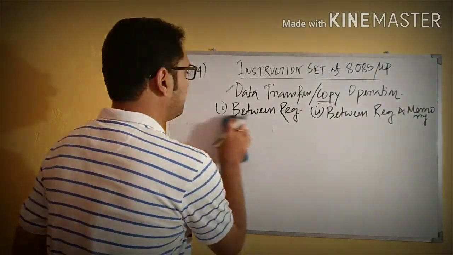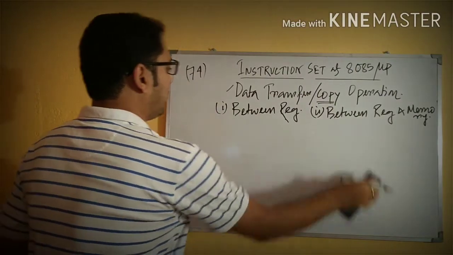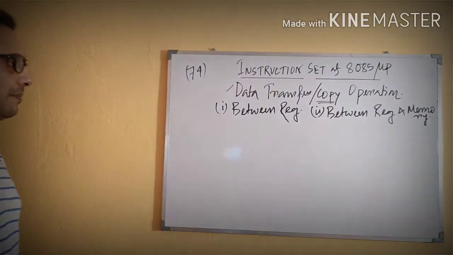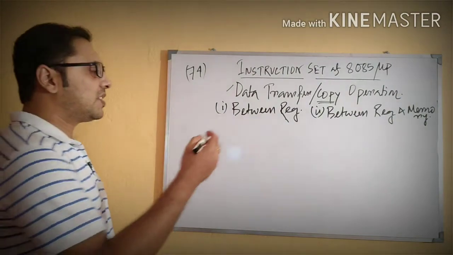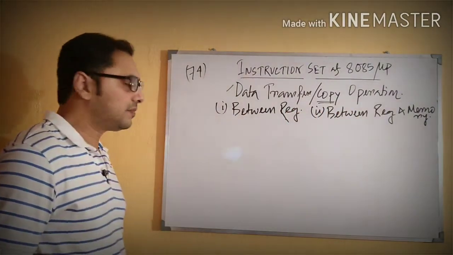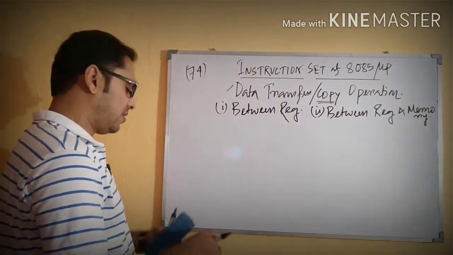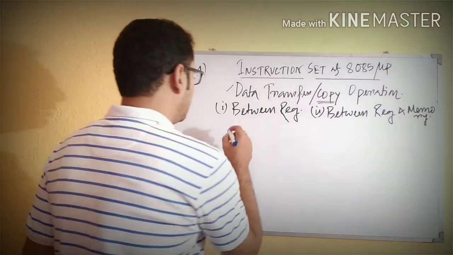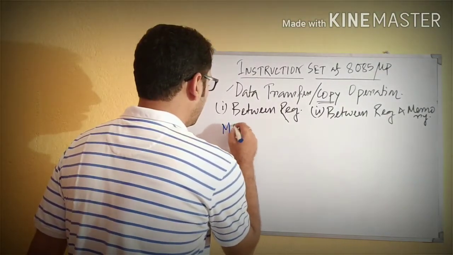Now we have another example, that is between register and memory. The easiest one is by using the MOV instruction. Simple.